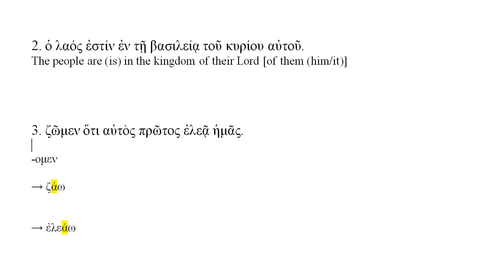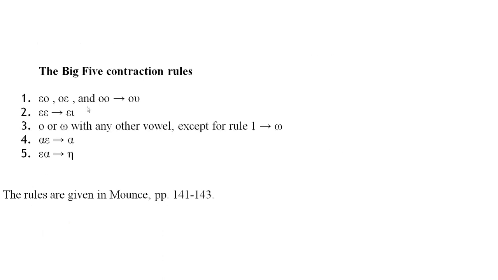Let's look at our contraction rules. Here are our Big 5 contraction rules. The rules are found on Mounce's page 141 to 143. The big ones, the Big 5 that are most commonly encountered, when we see epsilon bump up against omicron, or vice versa, omicron against epsilon, or omicron against omicron, we get omicron upsilon. If we see epsilon bump up against epsilon, then we get epsilon iota.